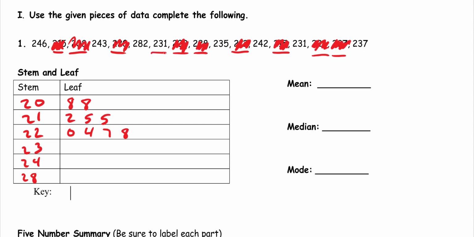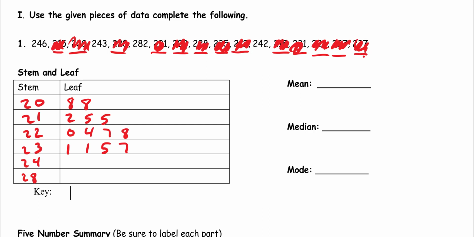There's 231, 231, and 237. And I think I'm missing one here, a 235 right here. Okay, good. So 231, 231, then a 235, and then a 237. Okay, cool. We can cross those off.